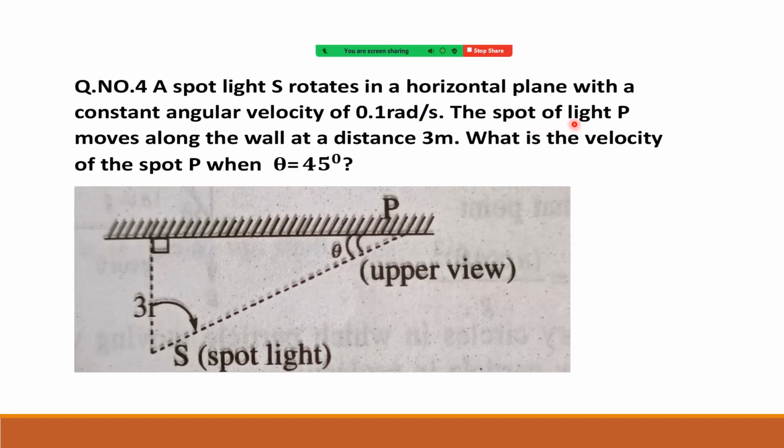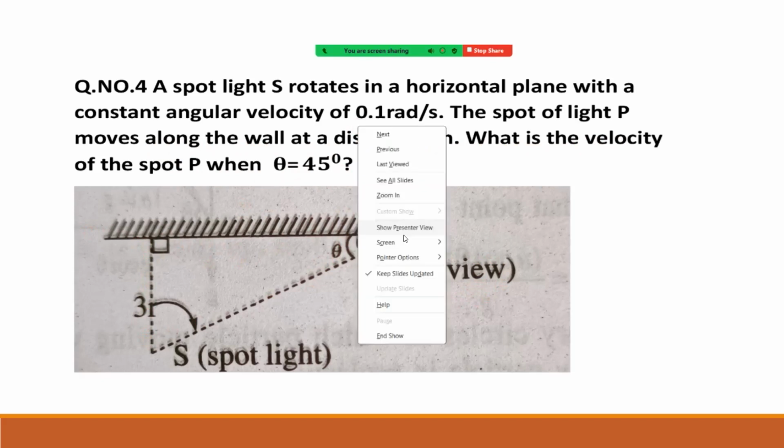The spot of light P moves along the wall at a distance 3 meters. What is the velocity of the spot when theta equal to 45? This is given upper view, means top view. This is wall. Given distance equal to 3. This angle is now theta. Let us see what is velocity. Given 0.1 radian per second.